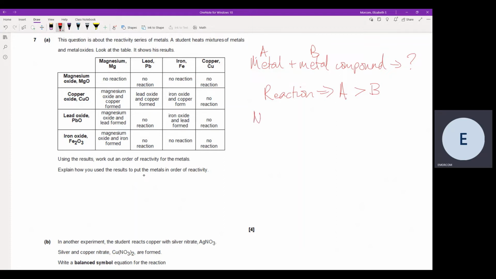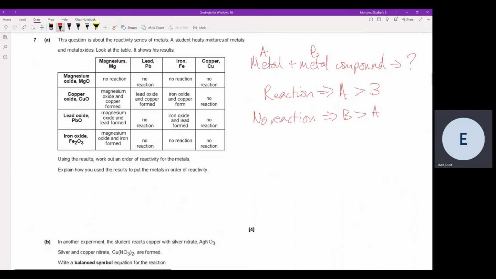If there is no reaction, then that means that B is more reactive than A, because B is already reacted, it's happy to be in its reacted state, and A is not sufficiently reactive to displace B from its compound.